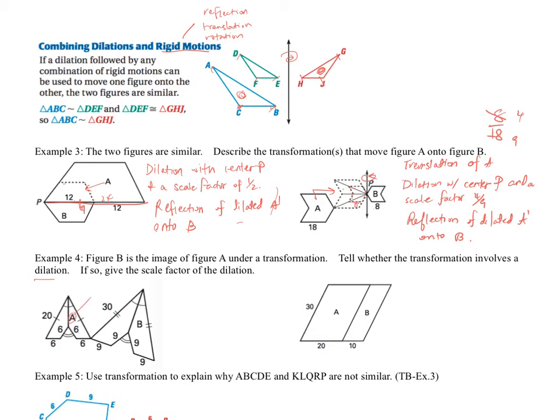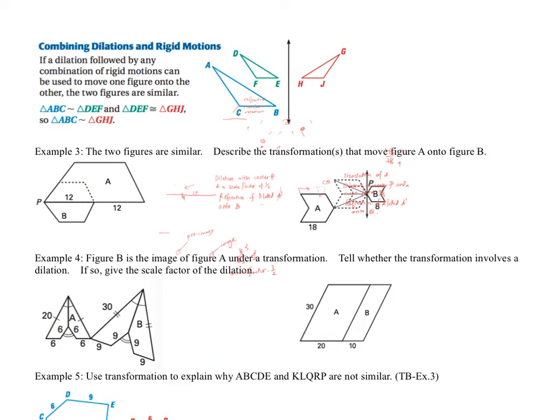So A is the pre-image, B is the image. So we can take any corresponding side lengths here. I'm just going to take 9 to 6, simplify it, and the scale factor will be 3 to 2.